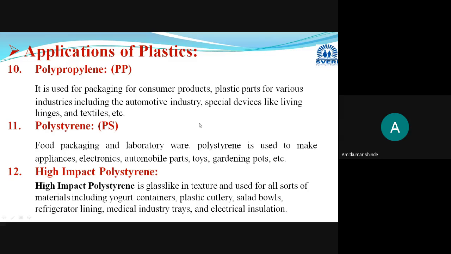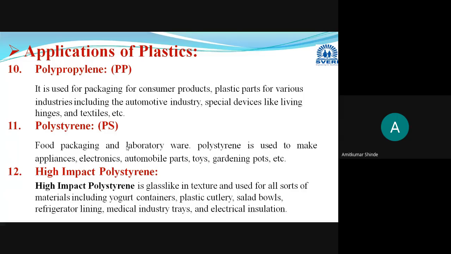Then next is polystyrene, that is PS. This PS material we use in food packaging, then in laboratory wares, means different instruments or wearables made from plastics, so that we can keep ourselves safe from different chemicals in our labs.